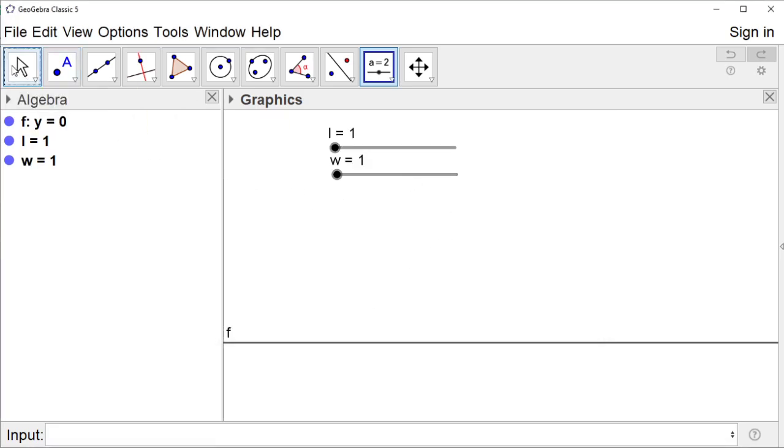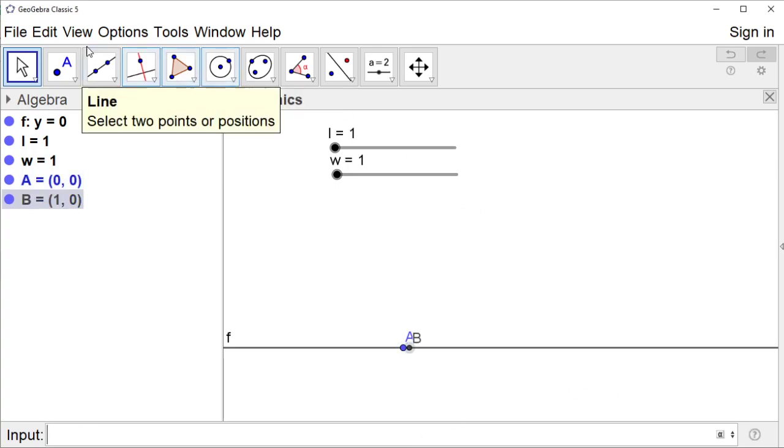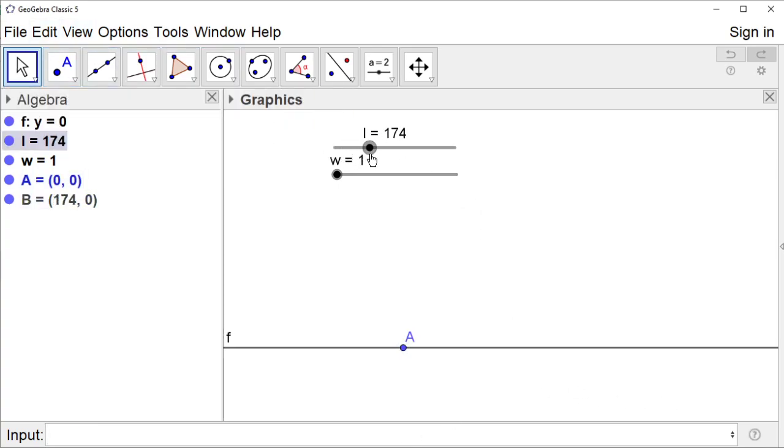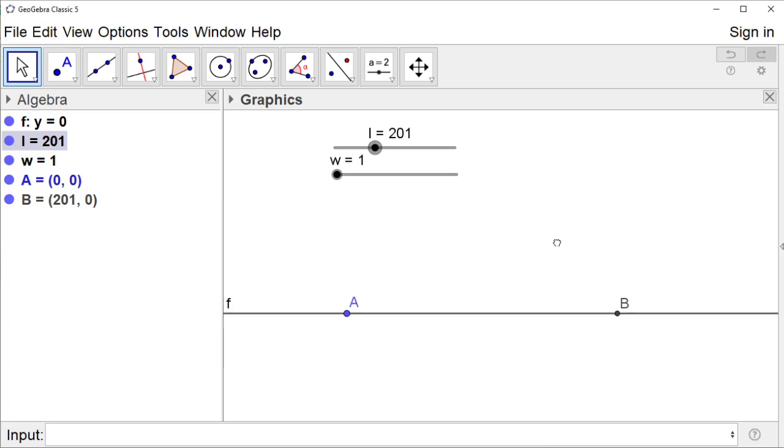So you can't use all of them up. So let's say one corner of this fence is going to be (0, 0). Another corner is going to be (L, 0). So let's say we start with the idea that L is 200. Just zoom this out a bit so we can see a bit better.